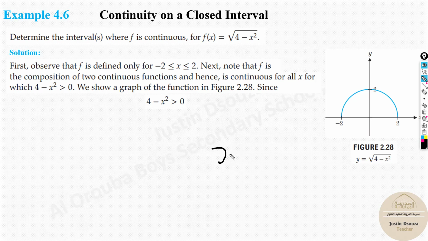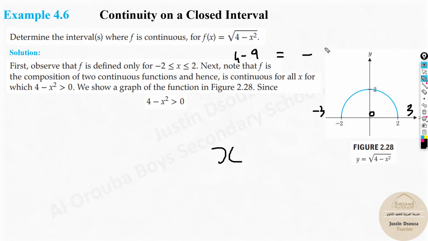Now how do we write x? Take a test value of minus 3, take a value 0, and take a value 3 and put it over here. When we take minus 3, it will be 4 minus minus 3 the whole square, which is 9.